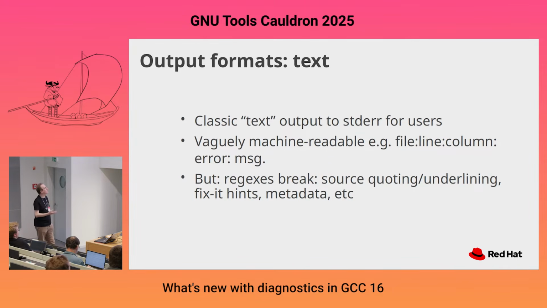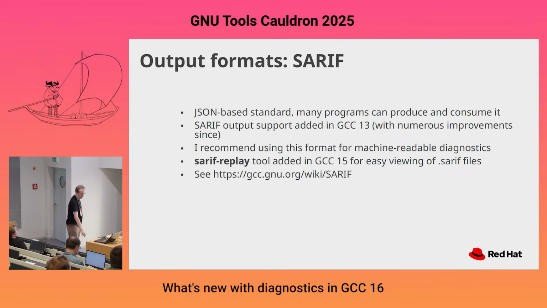You can kind of do that for the file:line:column and so on. But we've added all this extra stuff in the output, like quoting the user's source code, underlining parts of it, showing fix-it hints, and just simple things like showing which command line option controls the warning at the end of the message line. So please don't use regexes to carve up GCC's output. Please use a machine-readable format.